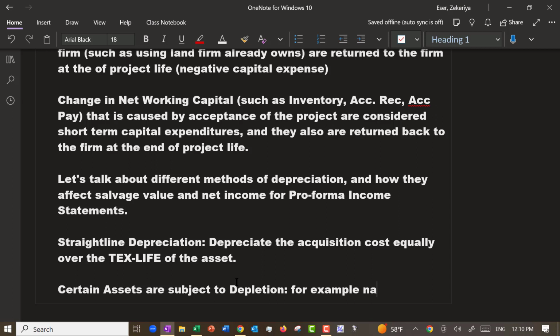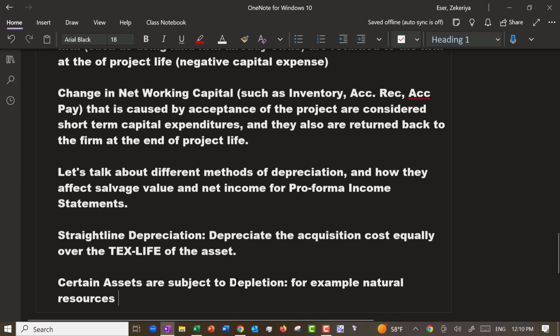If the asset is an oil well and there is a proven reserve of, let's say, 100,000 barrels, and you're going to extract that over 10 years, every year you're going to write off 1/10 of that.